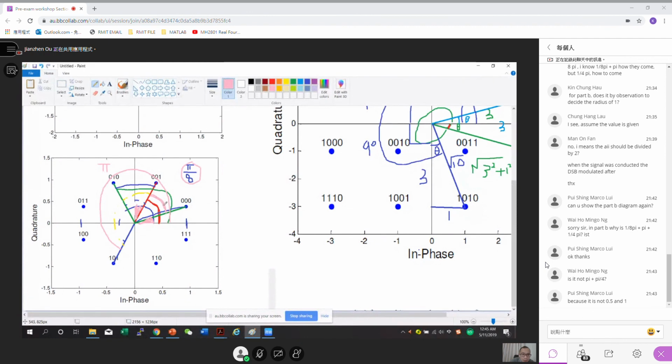So what about this angle? It is pi over 2, because this is a right angle, yeah? Pi over 2 minus pi over 8, and minus another pi over 8.